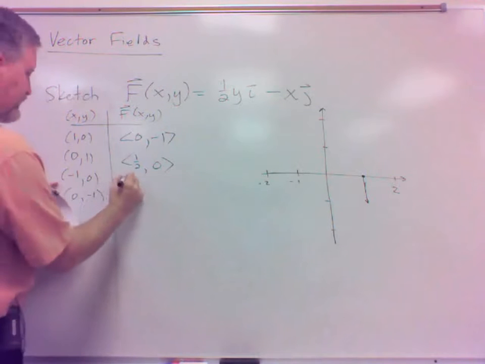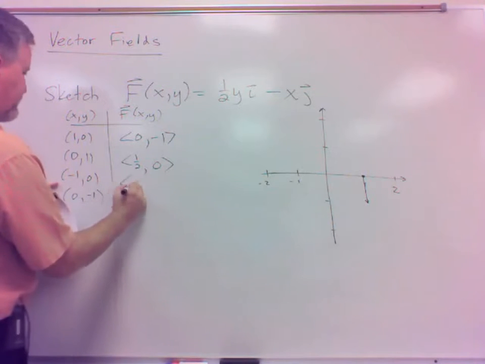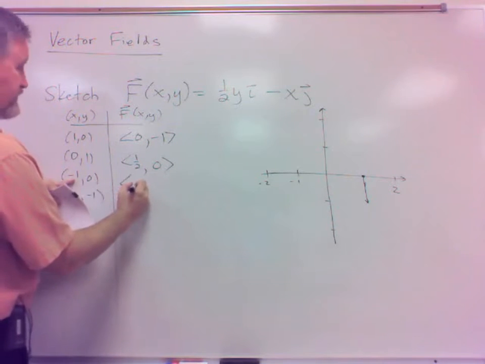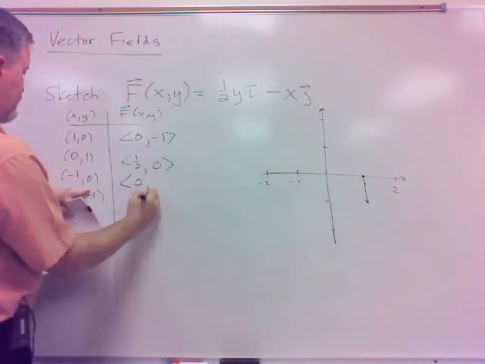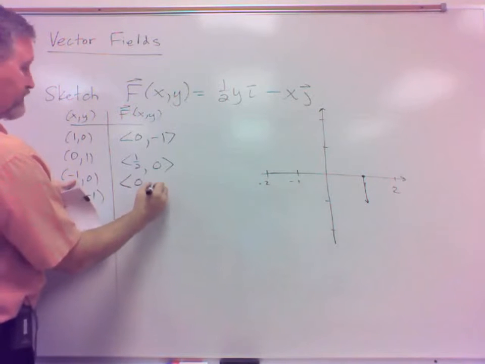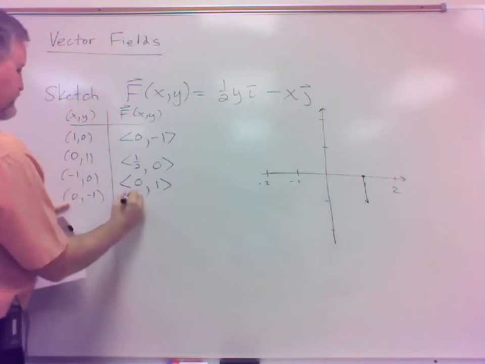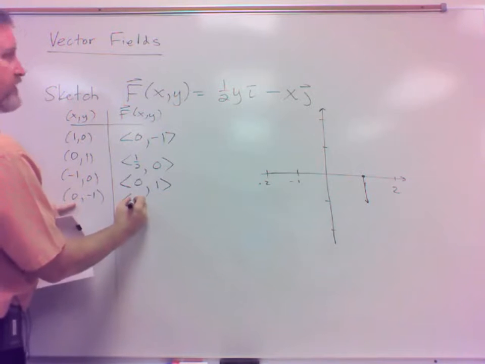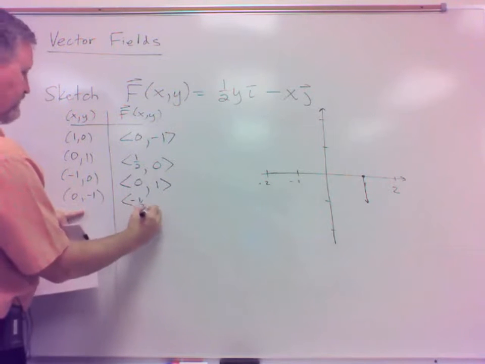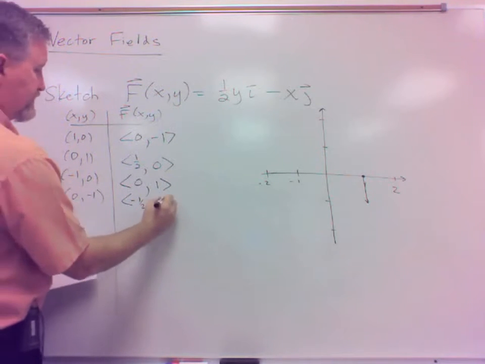Let's go ahead and do these so we can do them a couple at a time. At negative 1, 0, half y would be 0, and then negative of negative 1 would be positive 1. And then at 0, negative 1, we'd have 1/2 y would be negative 1/2, and negative x would be 0.